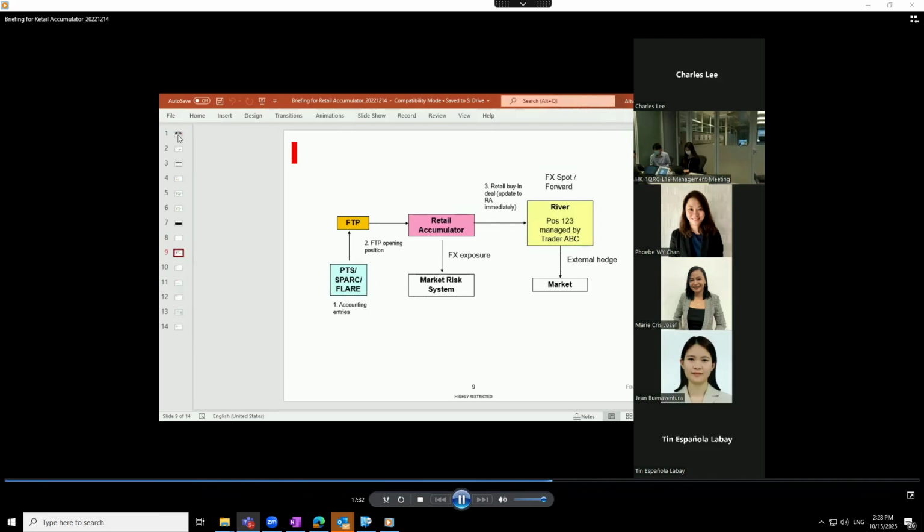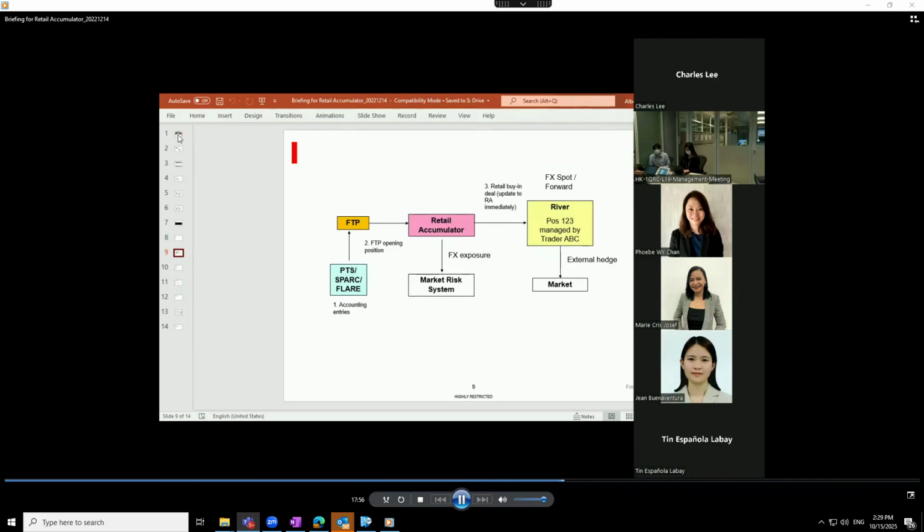Okay, this slide gives you a demonstration of how the exposure is transferred in the FX sell down process. We start with the accounting entries from PTS, Spark, Flare, Treats, and then this sends out to FTP.